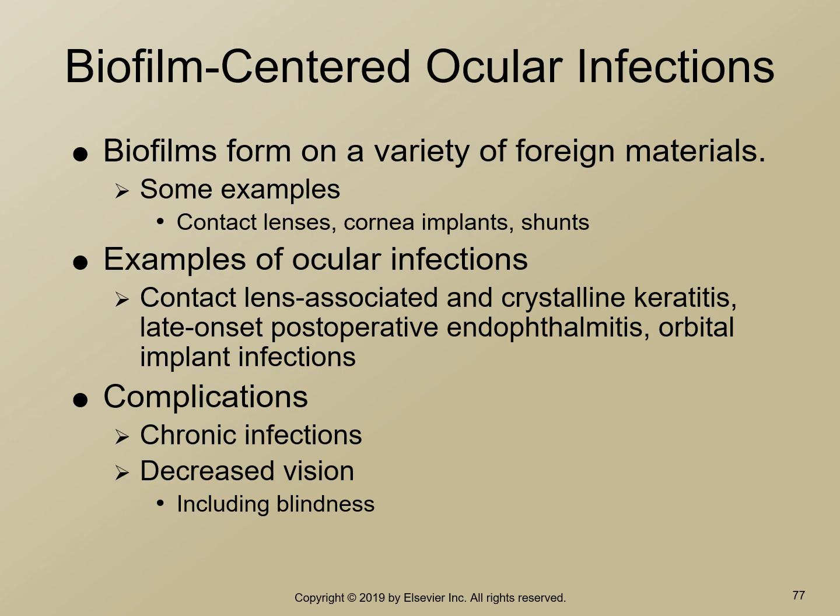Microorganisms in biofilms are causative agents for a variety of infections, and these include contact lens-associated and crystalline keratitis, late onset postoperative endophthalmitis, and orbital implant infections. Complications associated with biofilm formation are chronic infections and then decreased vision, including blindness.